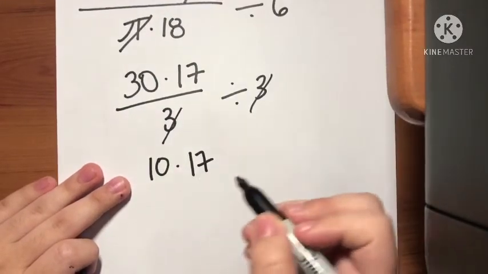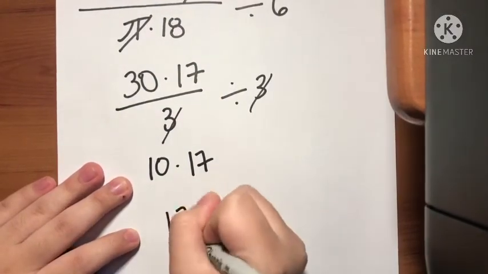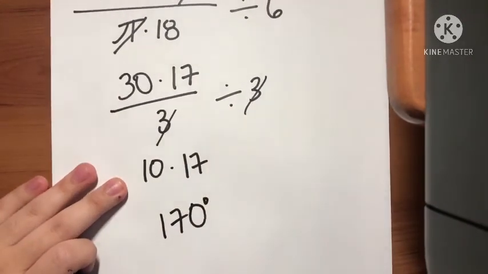Now 10 times 17 is 170, which is the same answer we got before.